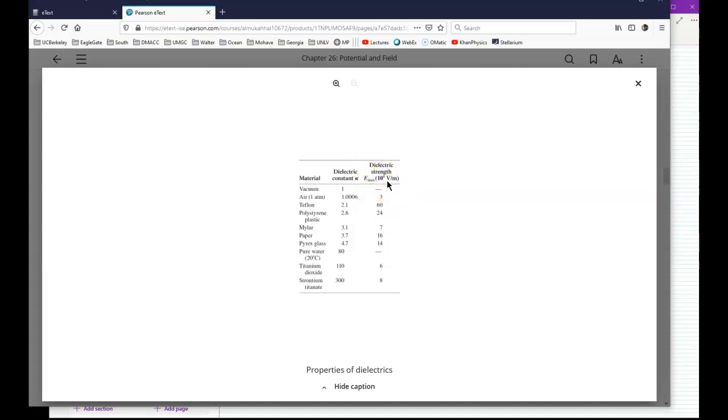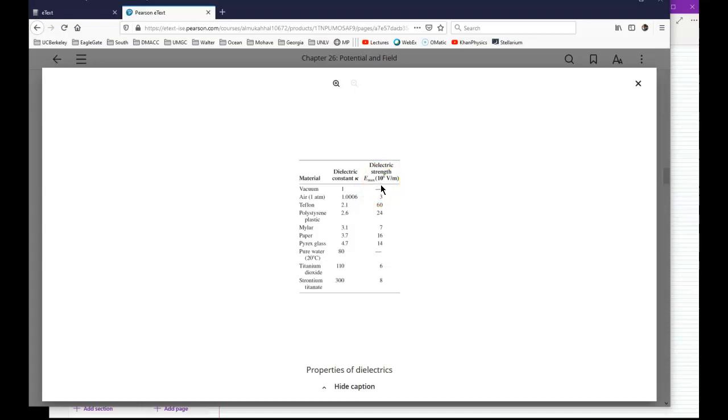Basically, for any given separation D in a capacitor, the maximum voltage that can be applied without causing it to discharge depends on the dielectric strength, this number. It's also known as the maximum electric field.